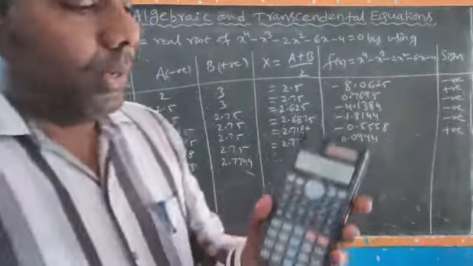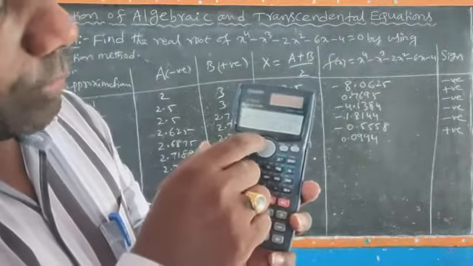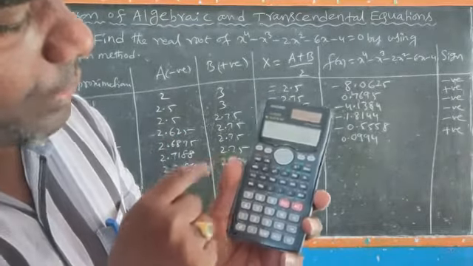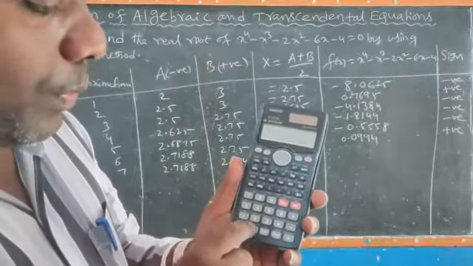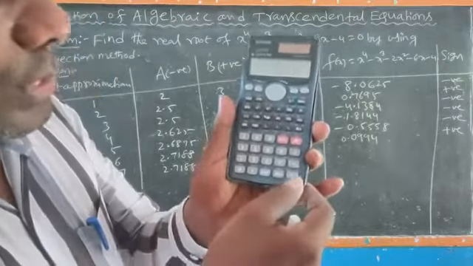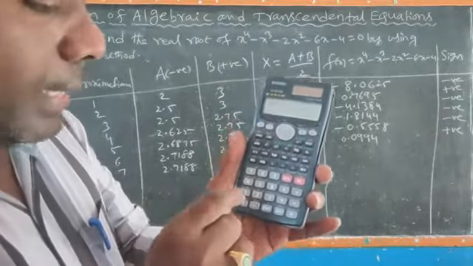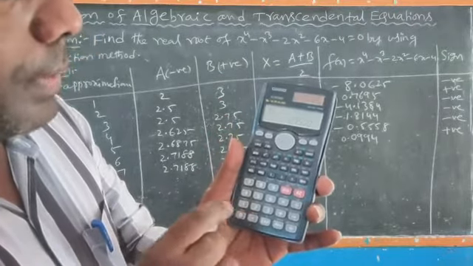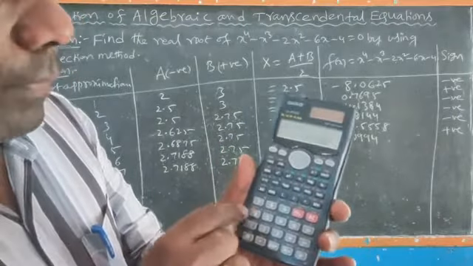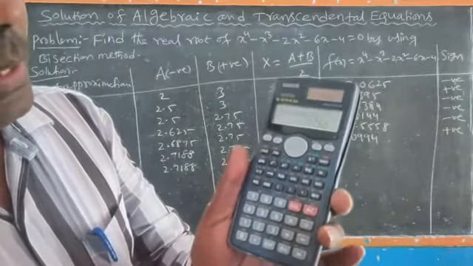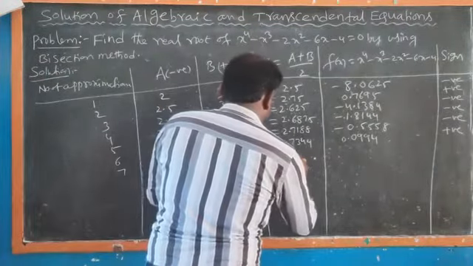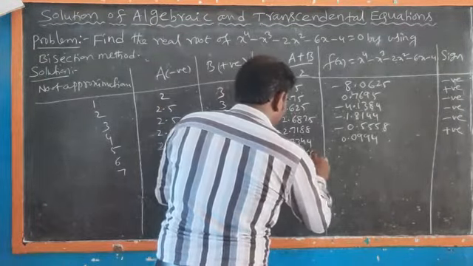So go back, we get the bisection method formula, then calculate what is a: 2.7188. Next, what is b? The b value is 2.7344, and we get 2.7266.